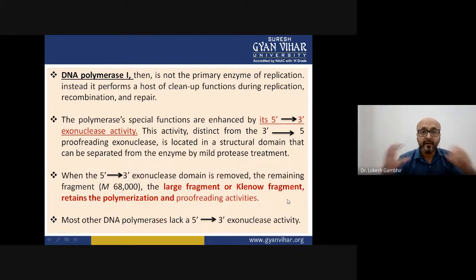And if we modify this enzyme in such a manner that we remove this small subunit and keep only the larger subunit, still it is able to polymerize. It is able to perform its polymerization function, and it is able to perform the proofreading activity.